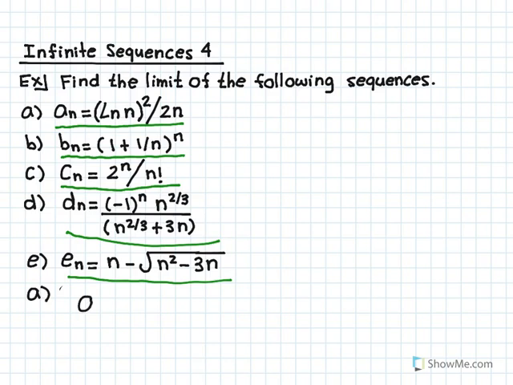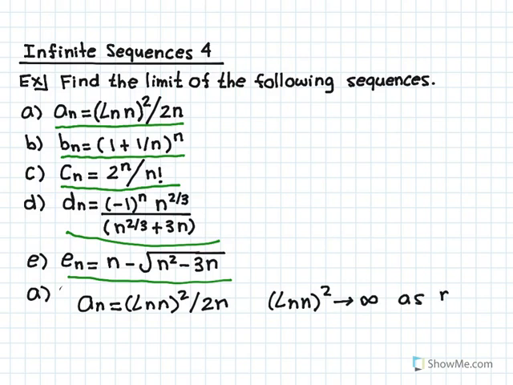So we have a_n is equal to (log n)^2 divided by 2n. Notice that the numerator, (log n)^2, approaches infinity as n goes to infinity. And the denominator 2n also approaches infinity, becoming larger and larger.